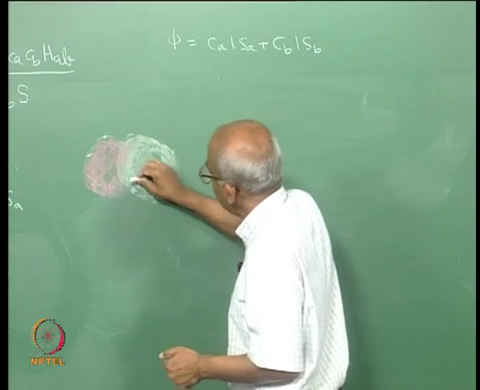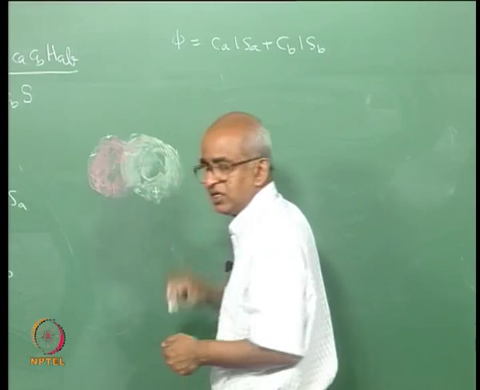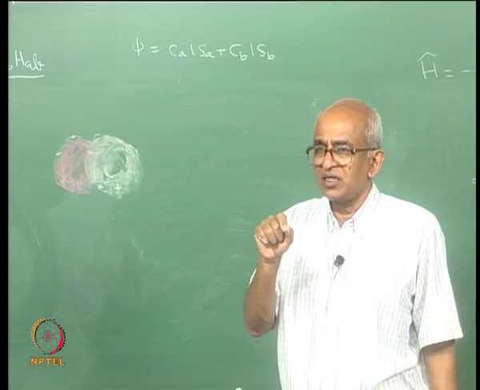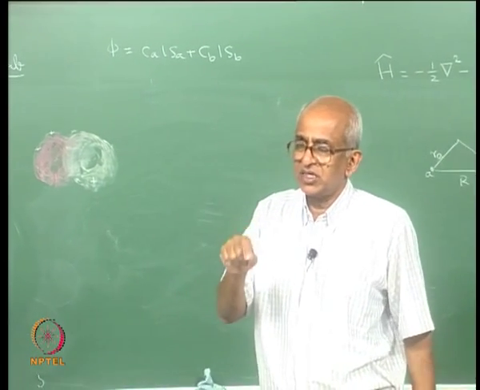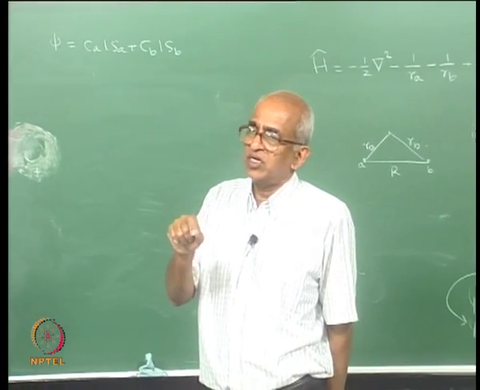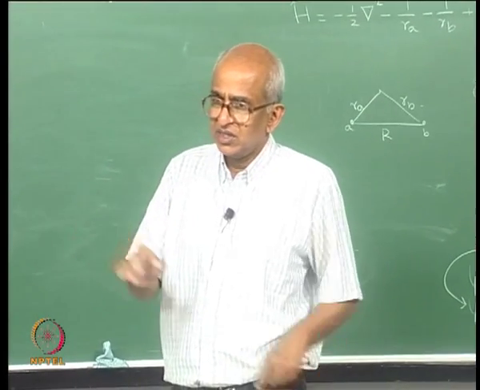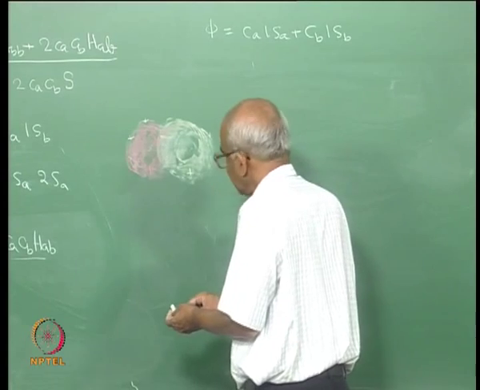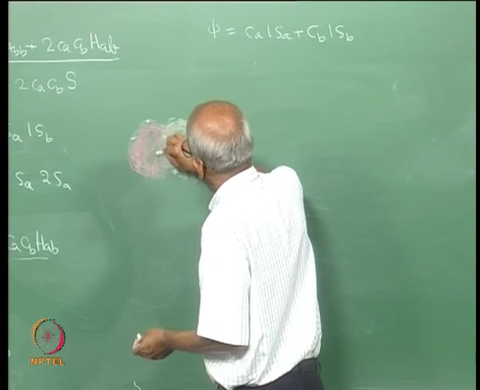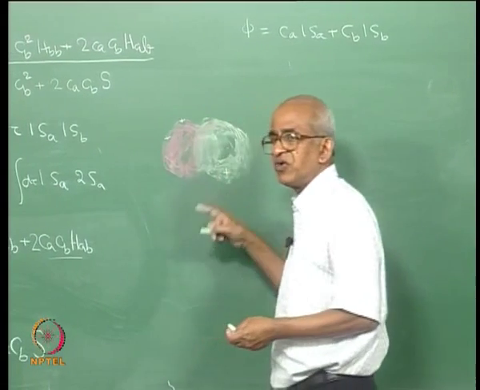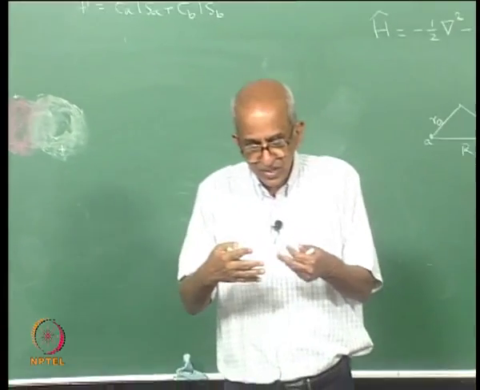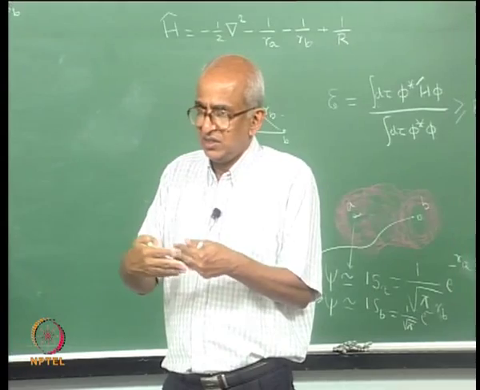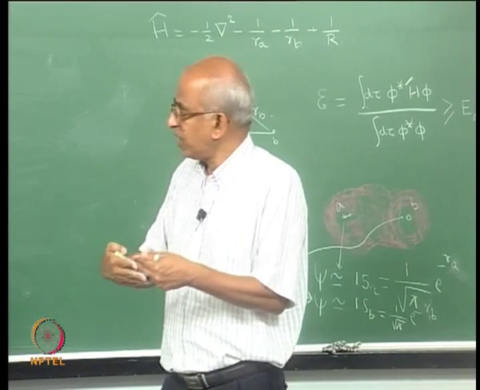But if you are thinking of this region which is in between, there the values of 1sa and 1sb are appreciable, because the distance from nucleus A and nucleus B, both of them are not large, and therefore, the product will have a large value in the internuclear region, that is the region where the two orbitals we say overlap.